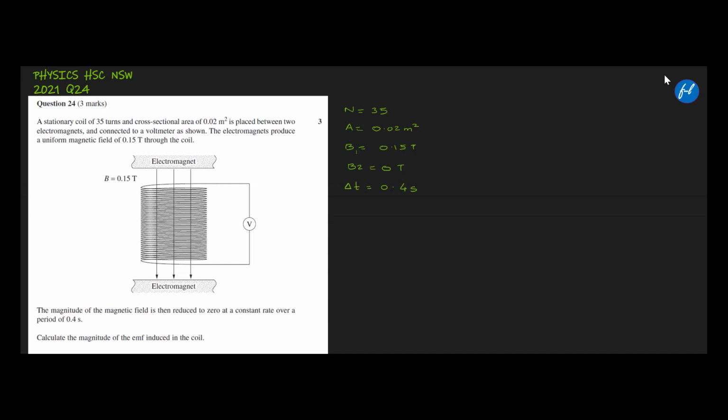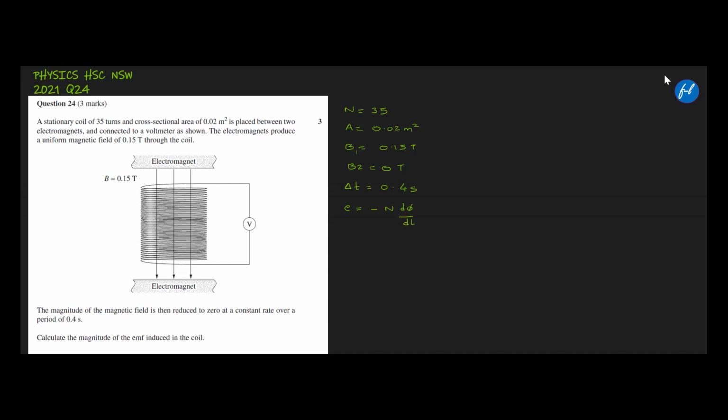All right, calculate the magnitude of the EMF induced in the coil. So do you recollect the formula to be used? EMF induced is equal to minus N d phi over dt.